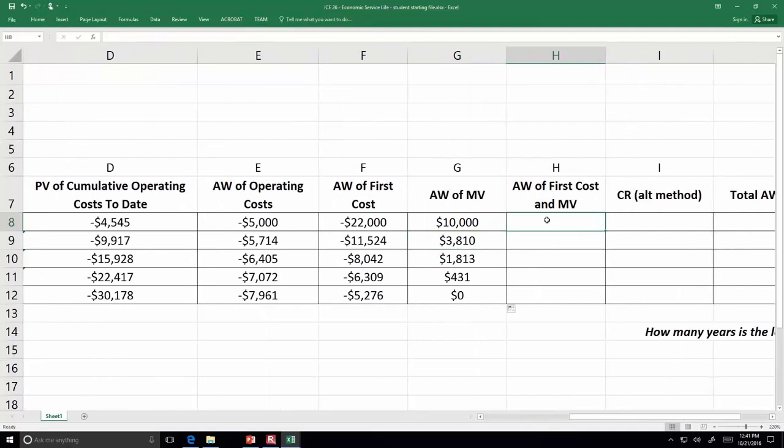Column H is just add these two together, F plus G. And the purpose of column I is to demonstrate that actually we can put a present value and a future value into the same function. So watch this.